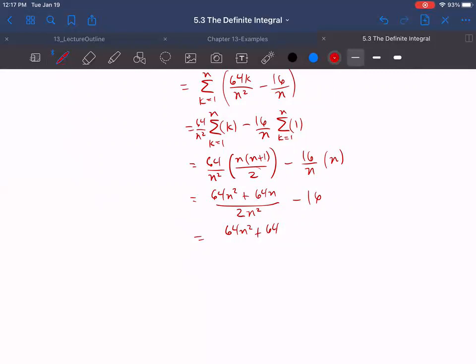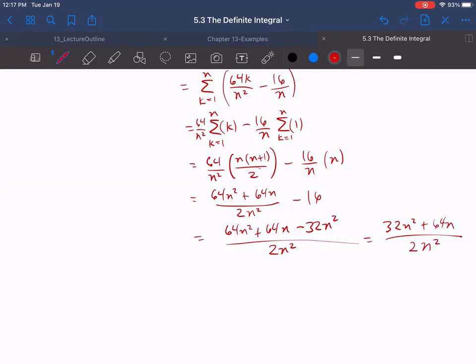And then minus 32n squared over 2n squared, just like that. And then this just gives us 32n squared plus 64n over 2n squared, just like that.